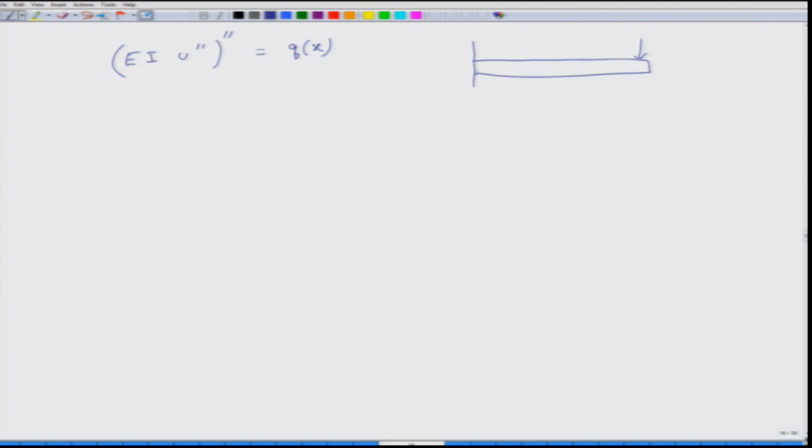This is my x axis, and deflection is happening here. So, the deflection at some point is u, and u is a function of x, and q is the loading. This loading could be a point load or a distributed load. Okay. So, this is what? This is a fourth order equation.